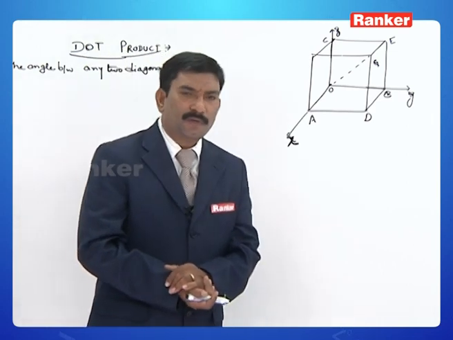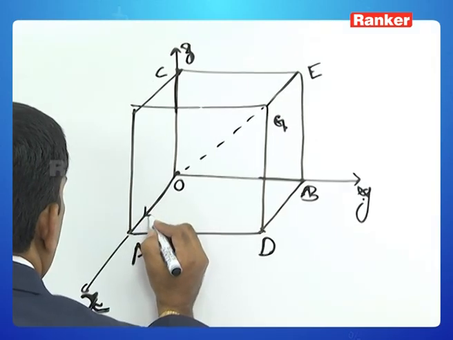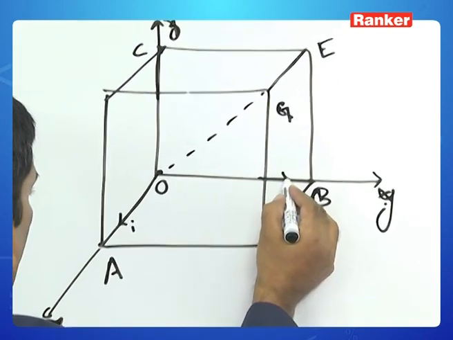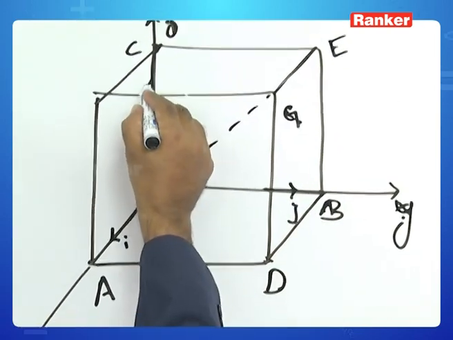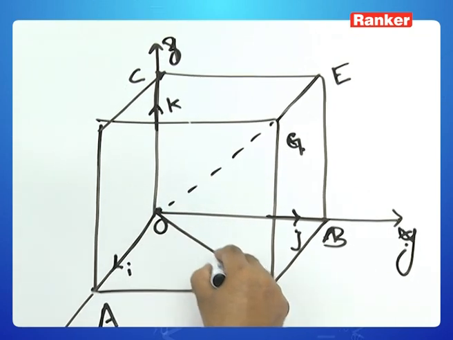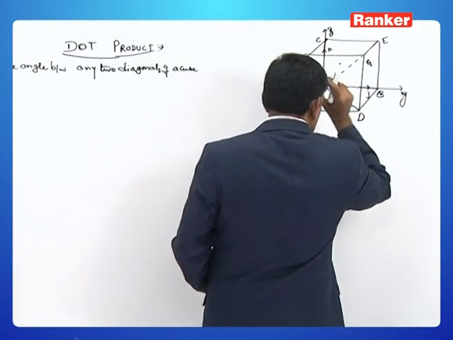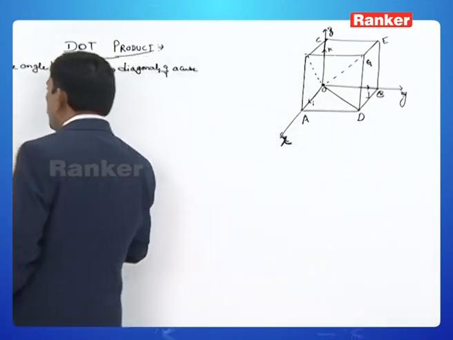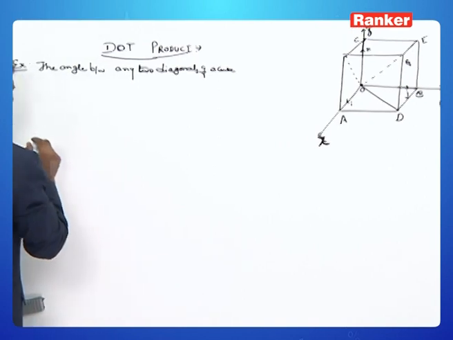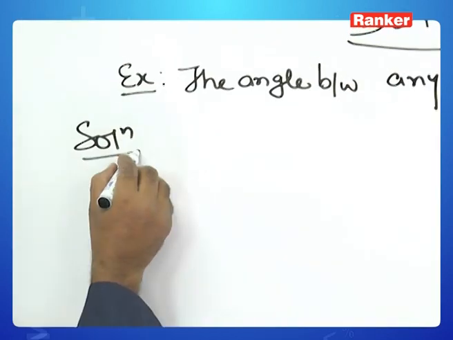So now let us take OA bar equal to I, OB bar equal to J, OC bar equal to K. This is one diagonal, this is another diagonal. Now I start. The solution of this one is very simple.